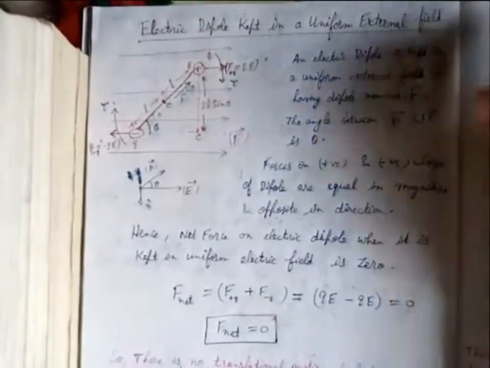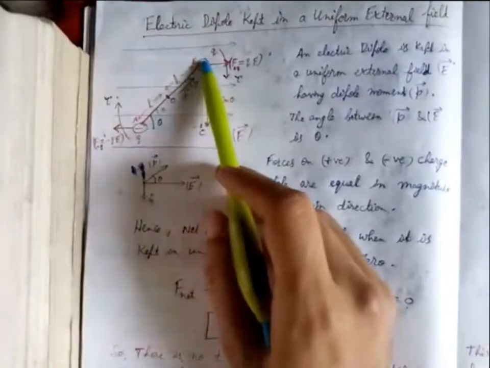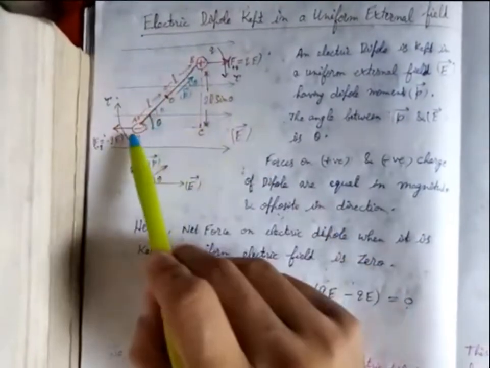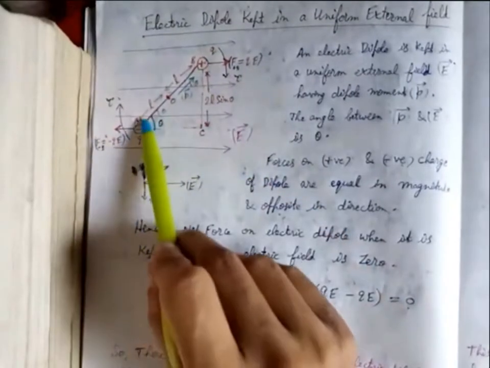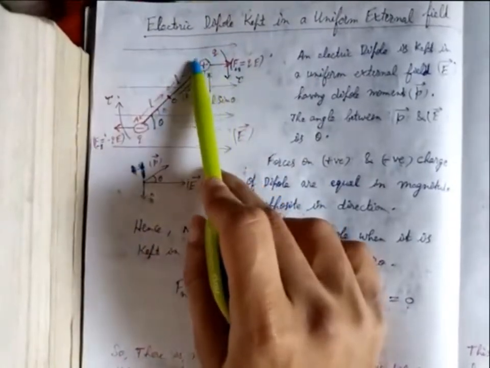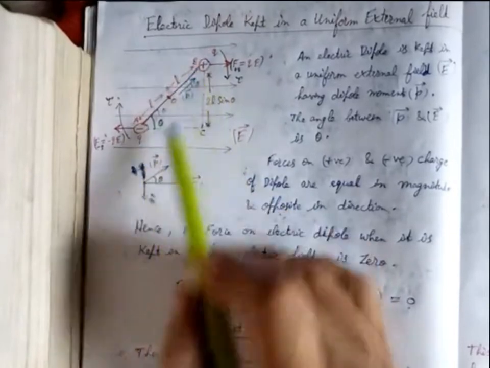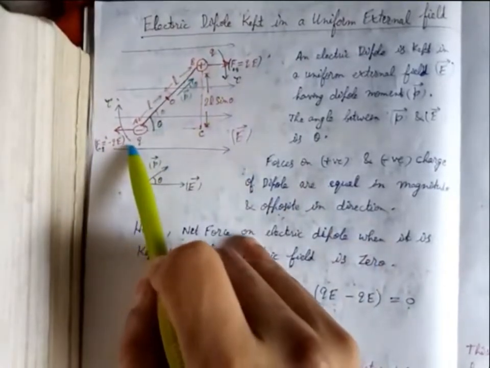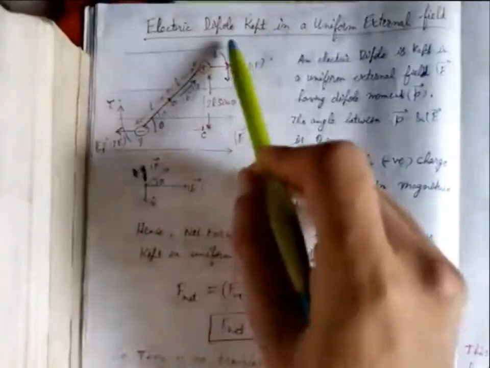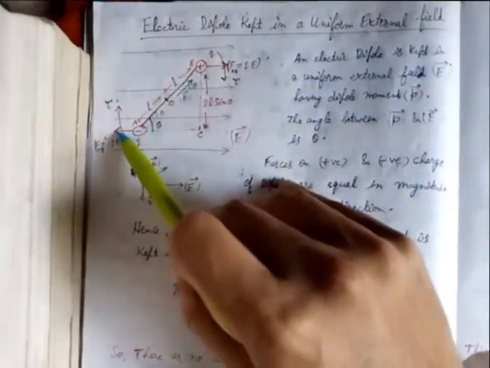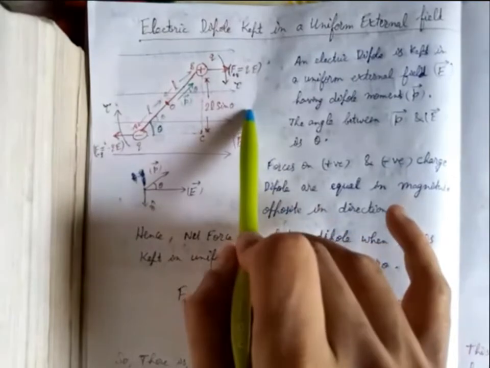Here the forces are acting at two different points. One is at A, another is at B. Or we can say one force is at the negative charge, another at the positive charge. Because of these two forces, the dipole has a tendency to turn. The positive charge will be turned in this direction, the negative charge in this direction. So there will be a rotational motion.